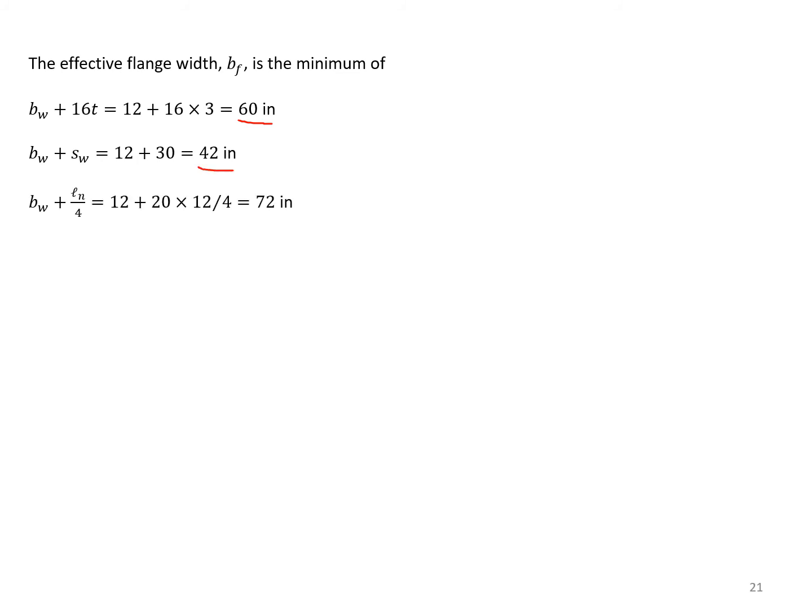So, if you recall, bF is a minimum of bW plus 16t, that gives us 60 inches, bW plus sW, that gives us 42 inches, and bW plus Ln over 4, that gives us 72 inches. Naturally, this is the value that we use for bF.